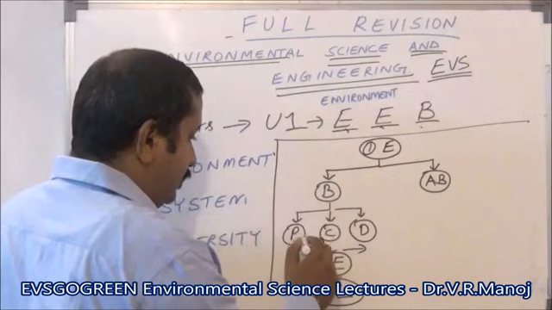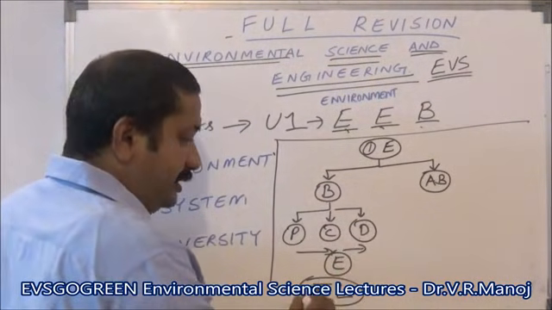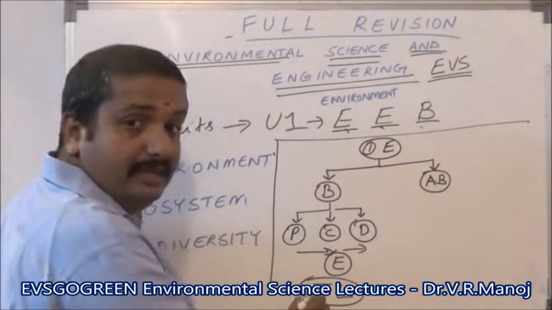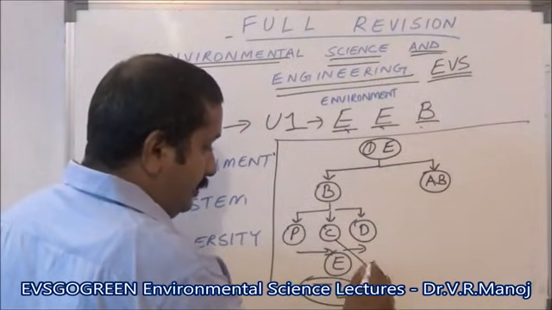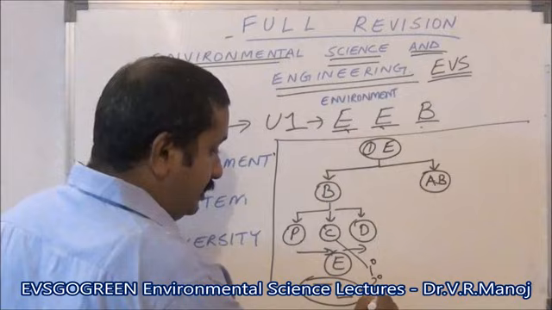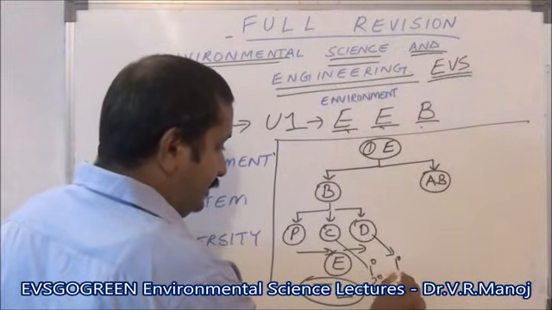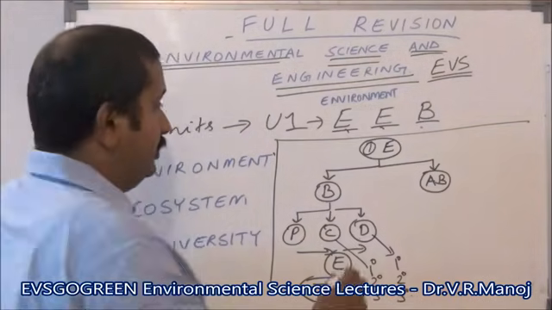So biotic: producer, consumer, decomposer, they transfer energy. Each step is called a trophic level. And within consumers there are primary consumers, secondary consumers, tertiary consumers. Within decomposers, primary, secondary and tertiary decomposers are there.